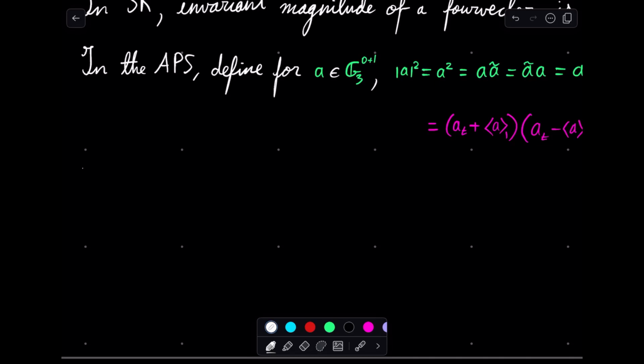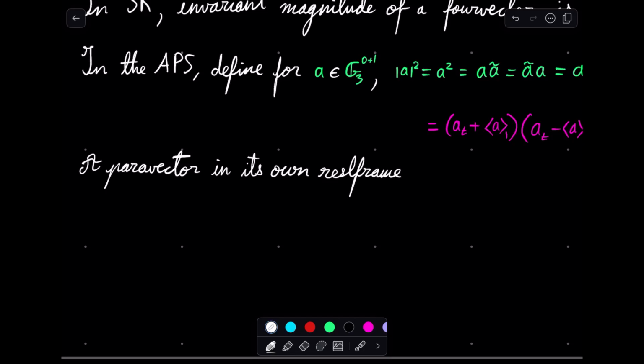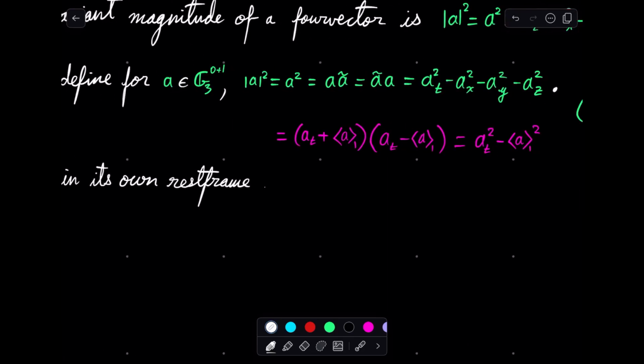So a paravector in its proper rest frame is given by a rest frame scalar.